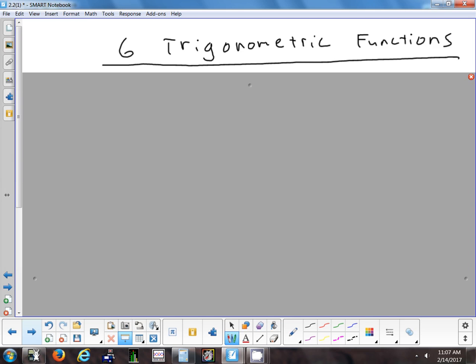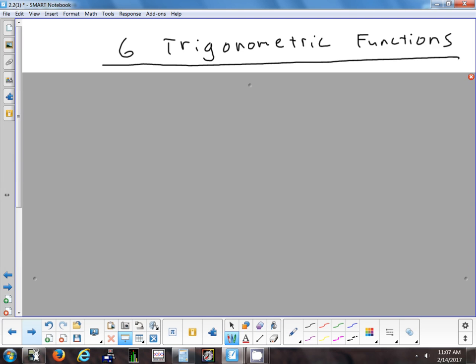Does anybody know one of the 6 functions that we use in trig? Yep. Sine. Yeah, that's one of them. Well, 6 basic ones. There's other ones, but these are the basics. Cosine. Yeah. Tangent. So those are the 3 real basic ones, sine, cosine, tangent. And then there's 3 other ones that are still basic but not used as much.